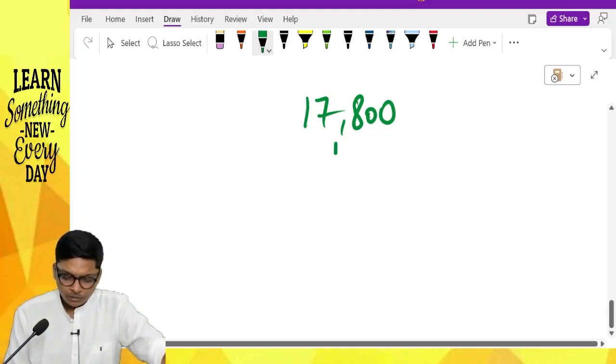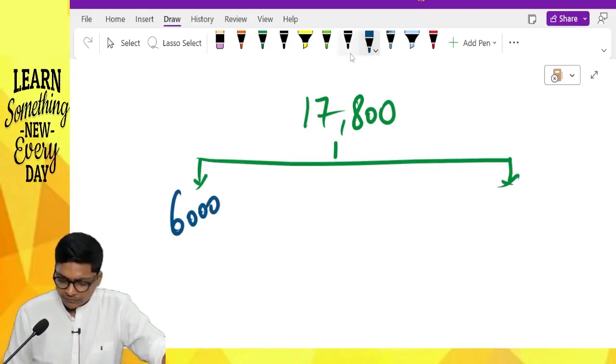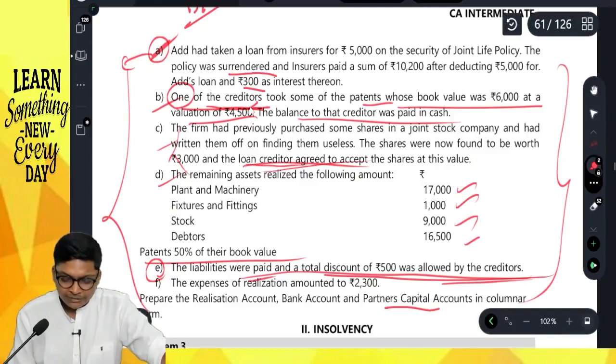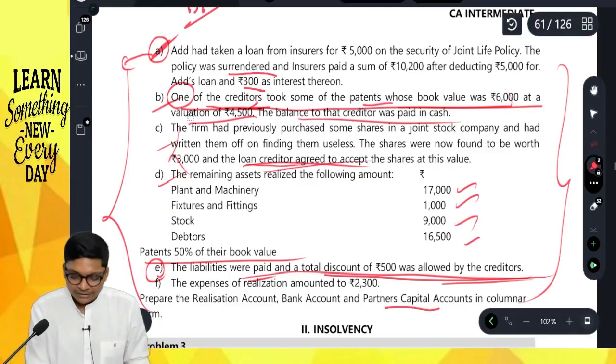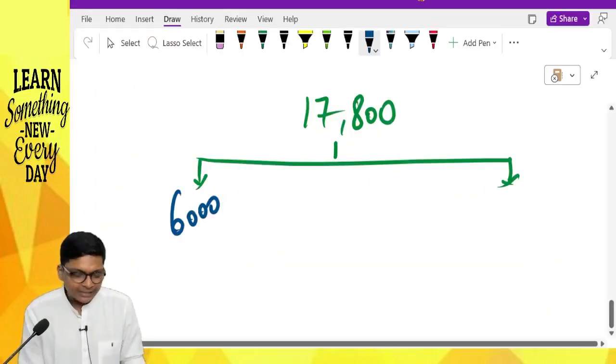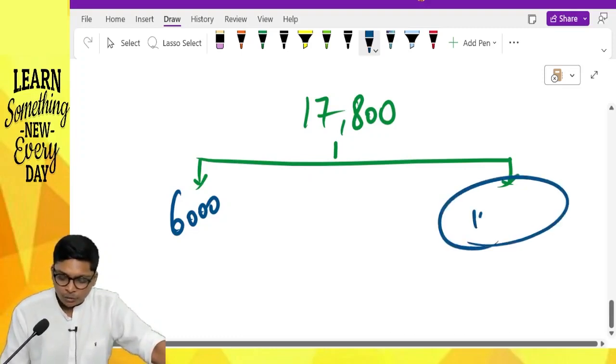Okay. 17,800. Let me finish creditors first. They are saying creditors to the extent of 6,000 took some patents of book value of 6,000 at a valuation of 4,000. That means the one creditor who took that is 6,000 creditors. The balancing figure is 11,800.